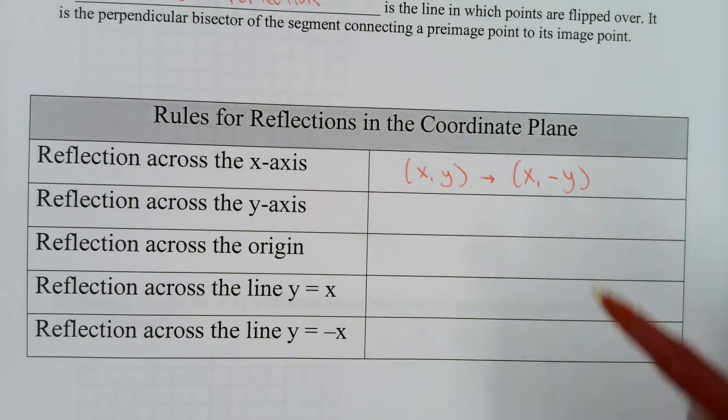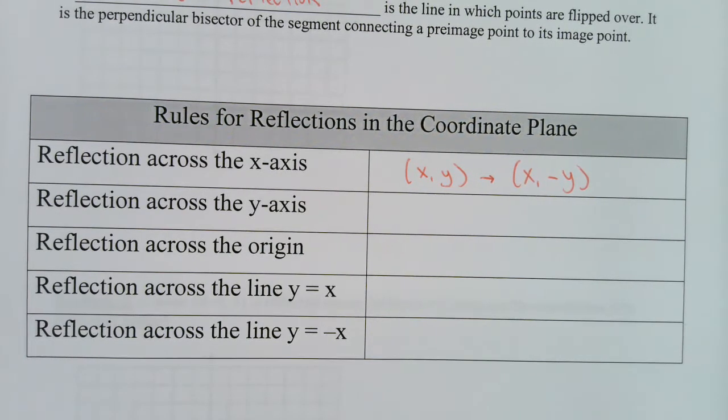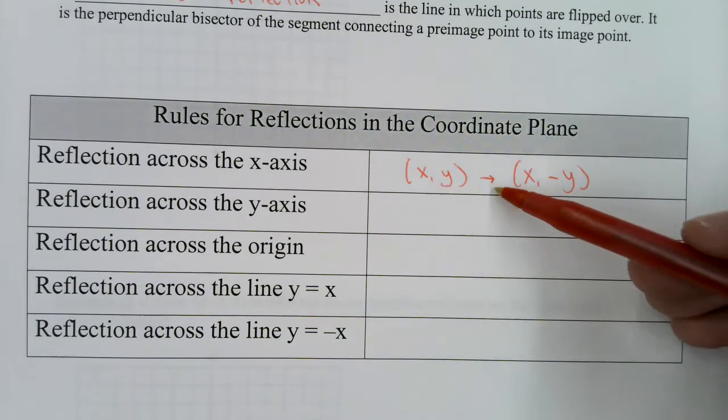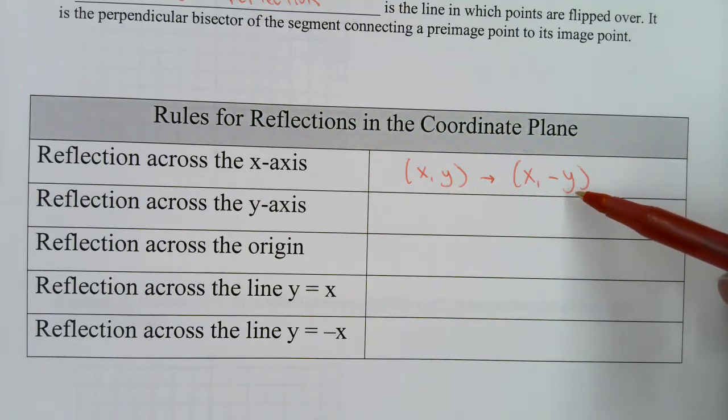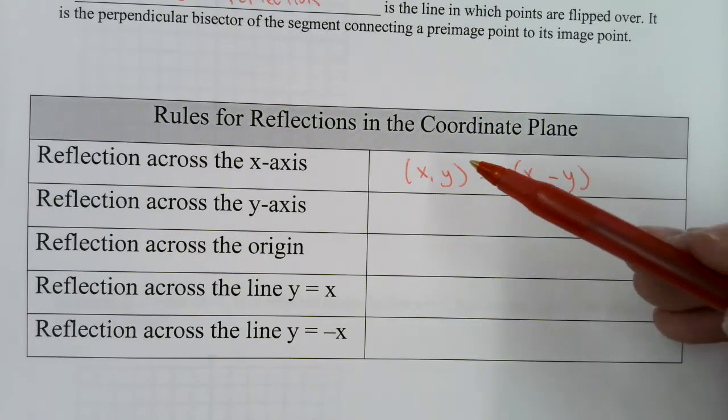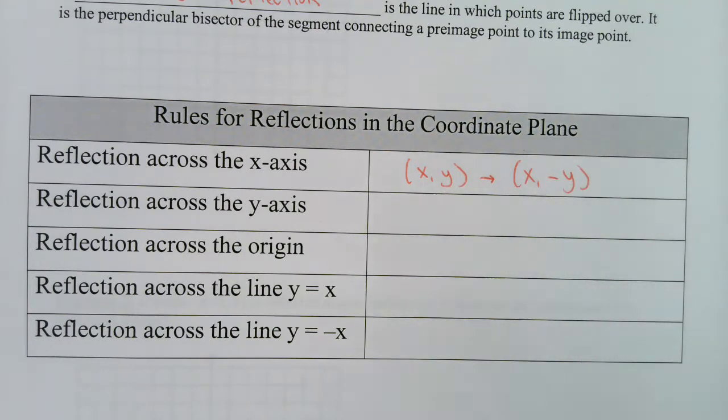That symbol means opposite. I'll explain this more when we do the examples. Opposite means whatever sign y is originally, you take the opposite sign of it. So if it's negative, it becomes positive. If it's positive, it becomes negative.